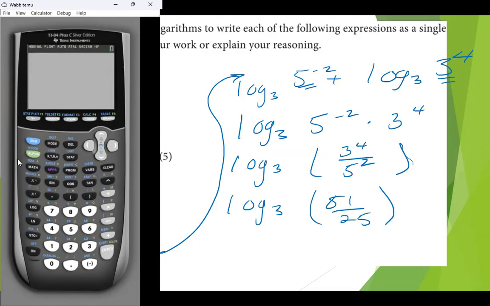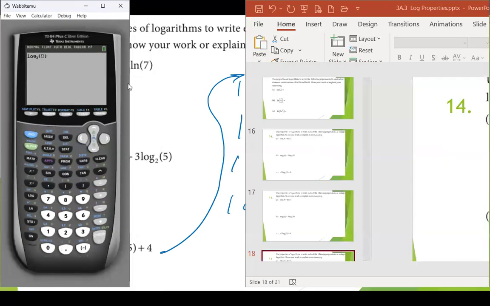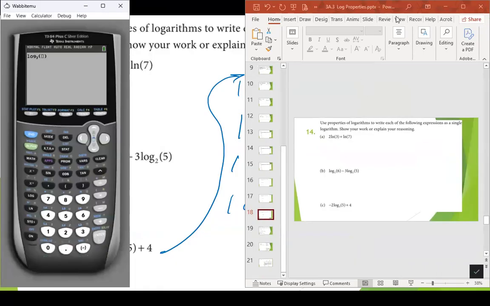So if we start off with log base 3, so I'm going to write that first, I'm going to show you that they are equivalent forms. I forgot my 2, didn't I? My negative 2. Oh, where'd you come from?